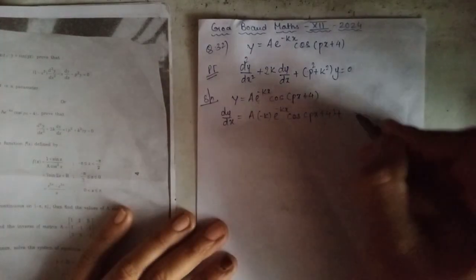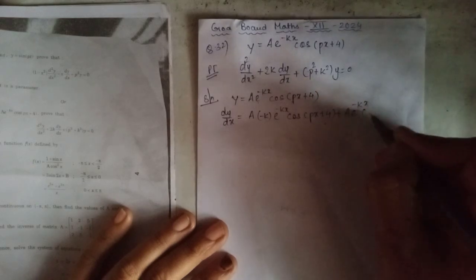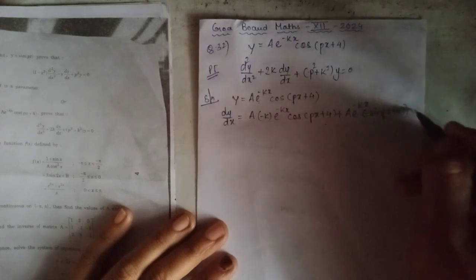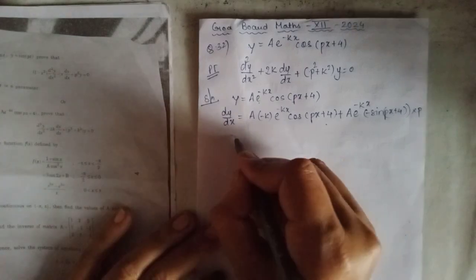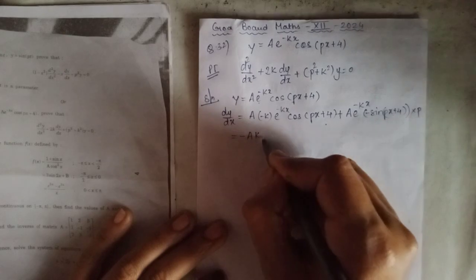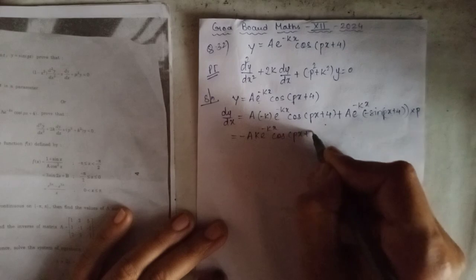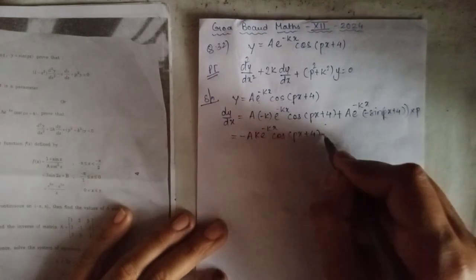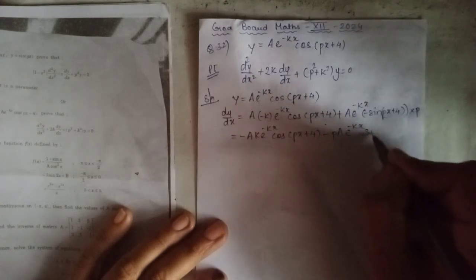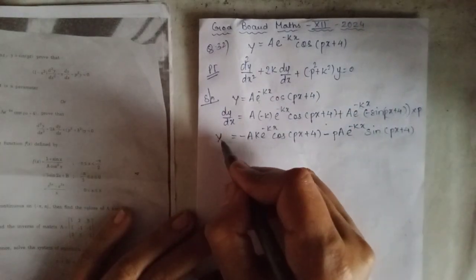Now I'll write the v dash: minus sin(px plus 4) into p. So this is minus a k e raised to minus kx cos(px plus 4), then minus p a e raised to minus kx sin(px plus 4). This is your y dash.